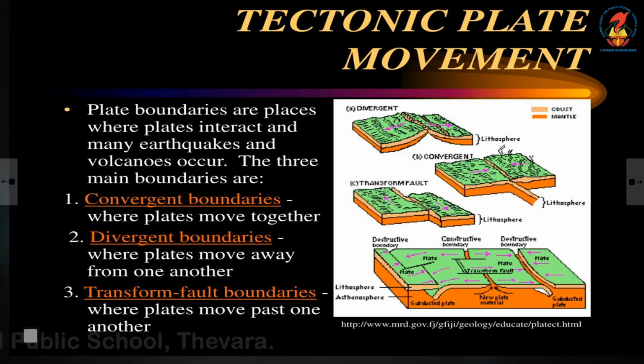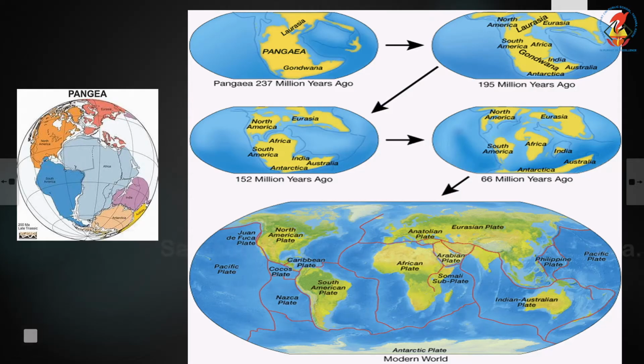Transform means there is a tendency that it hits together and either of the plates can go on top of the other. Either it can go this way or it can come this way. So these are the three different plate movements: convergent, divergent and transform.